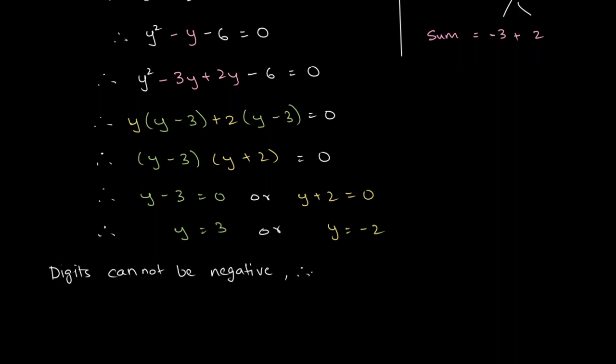Therefore, y is equal to minus 2 is rejected, and that leaves us with the answer for y. Therefore, I can say y is equal to 3.